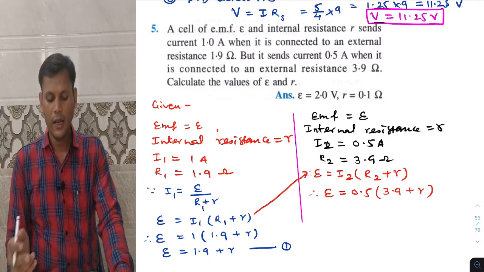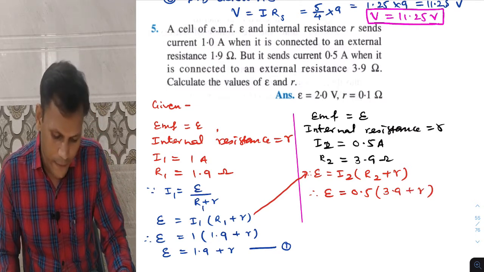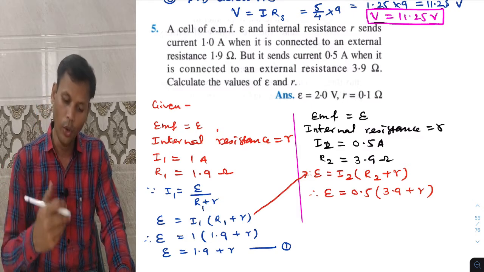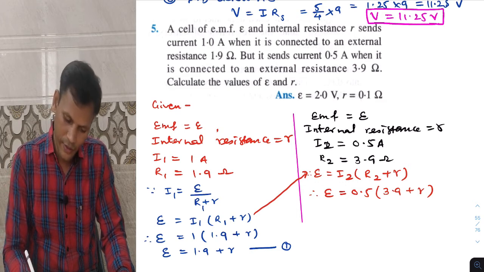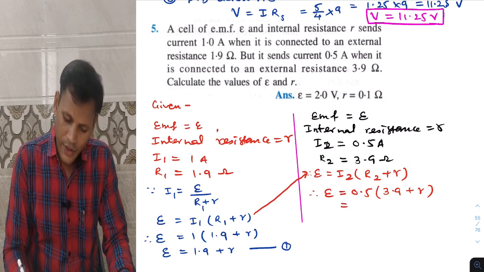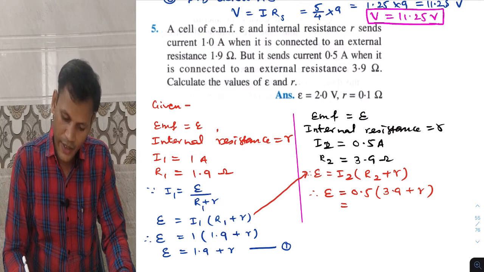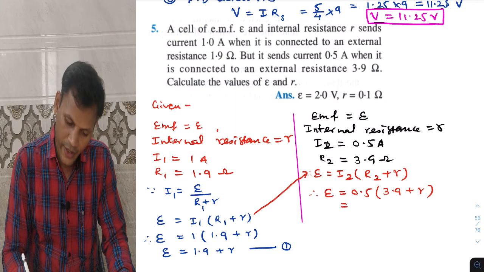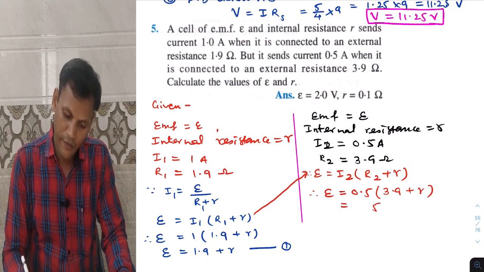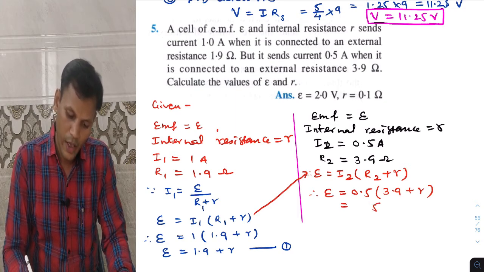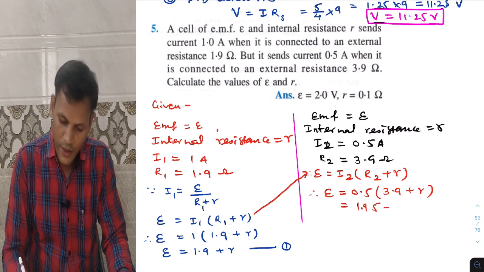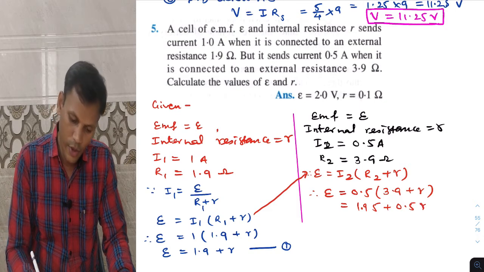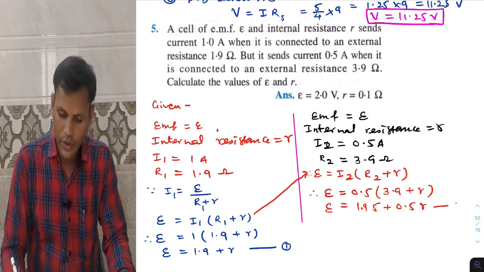I can multiply both sides by 2, no problem. So 3.9 into 0.5, 5 9s are 45, 5 3s are 15 and 4, 19.5, that is 1.95 plus 0.5 r, that is E. So it is equation 2.